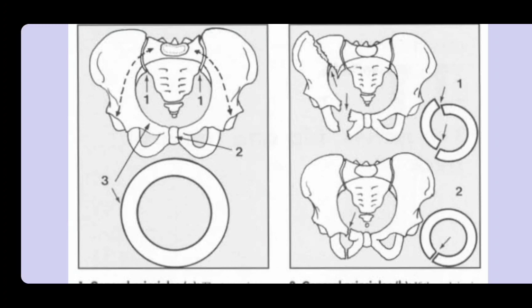For the second pattern, the pelvic ring is ruptured in only one place, so just very minimal displacement is possible. So pattern 1 is an unstable fracture of the pelvis, and pattern 2 is a minimally displaced stable injury.